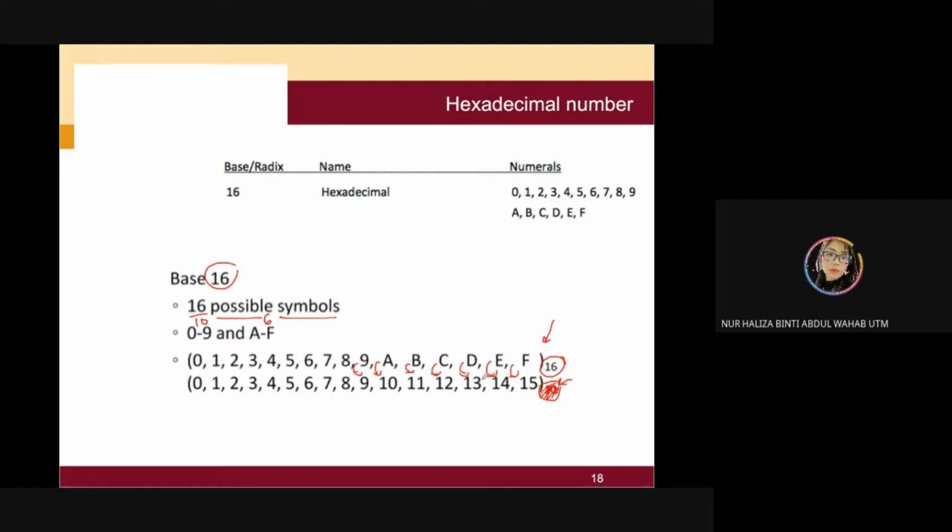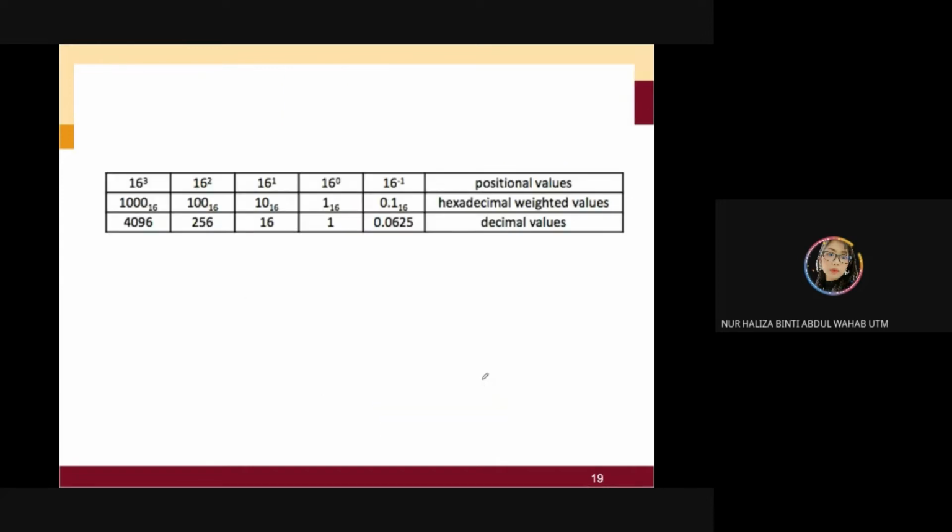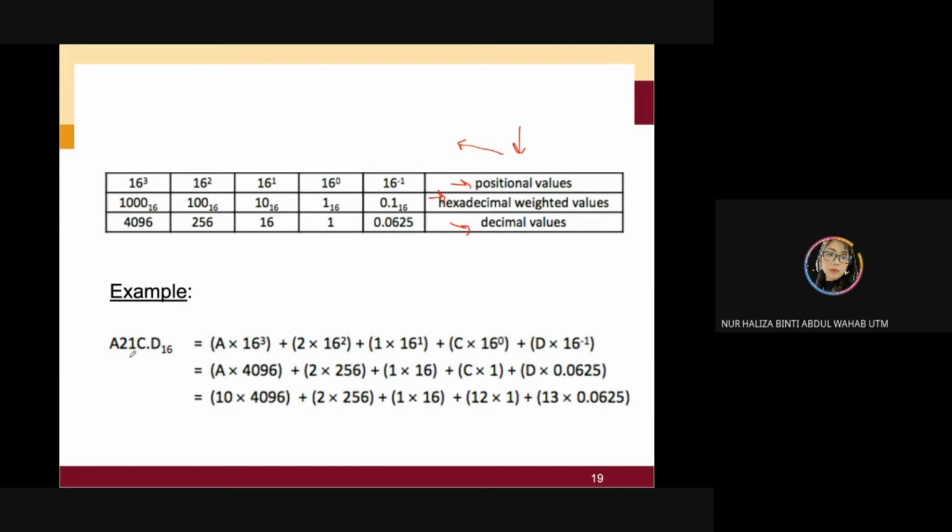It already gives you directly the value for hexadecimal to decimal. Okay, now this is like a table, similar to the previous. You have the positional value, you have the hexadecimal value, and also decimal value. This one you can try also by yourself. And here is our example.